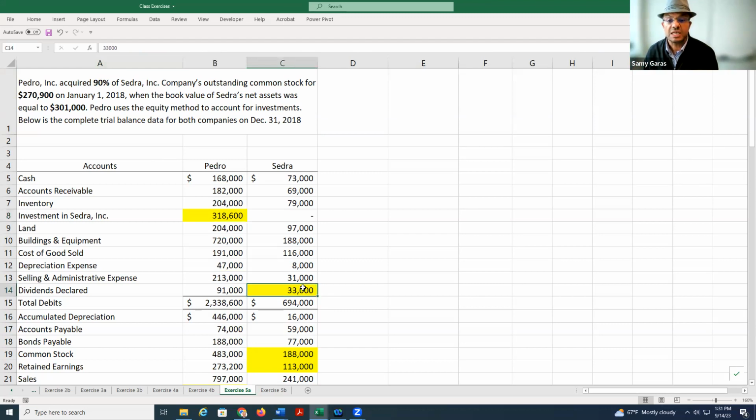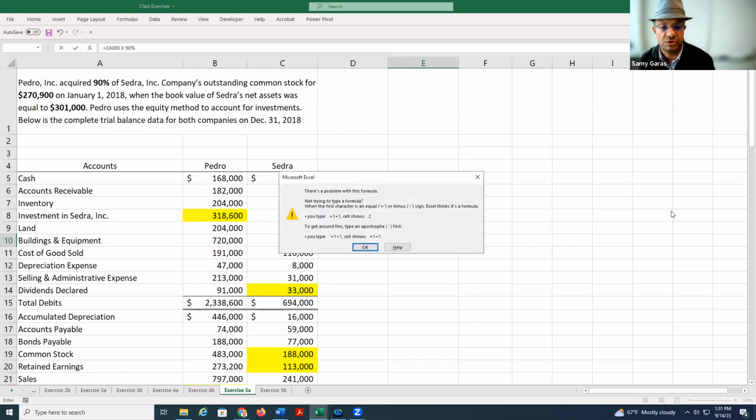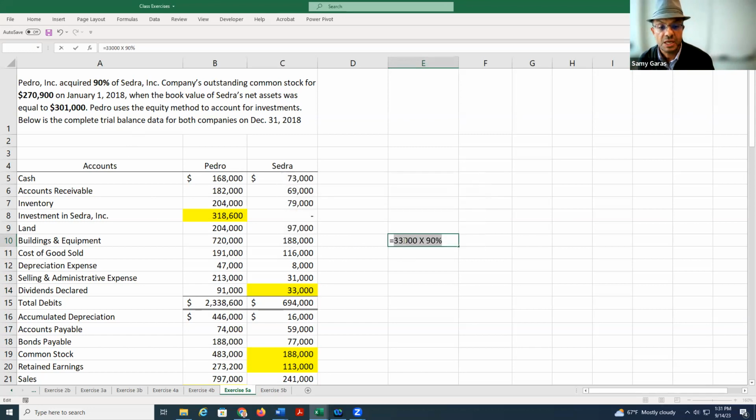Second, there are dividends here that have been distributed by the subsidiary company to the parent and the NCI. We need to keep this in mind because those 33,000, I'm going to multiply by 90% to get the portion of the dividends for the parent company, and then 10% for the portion of the NCI.